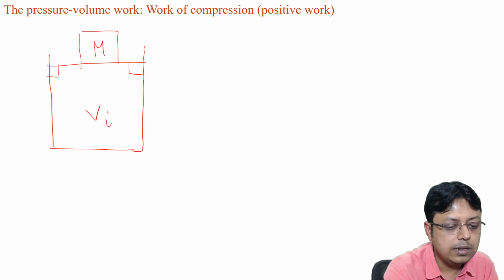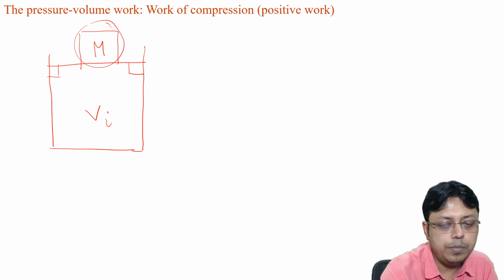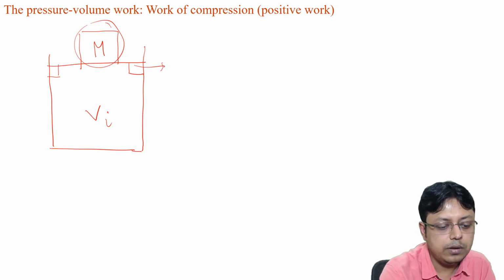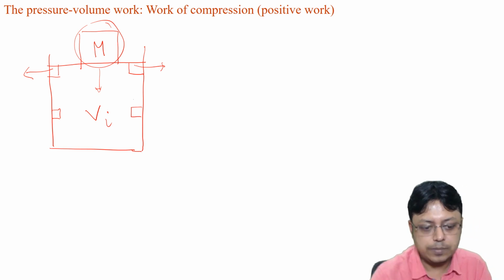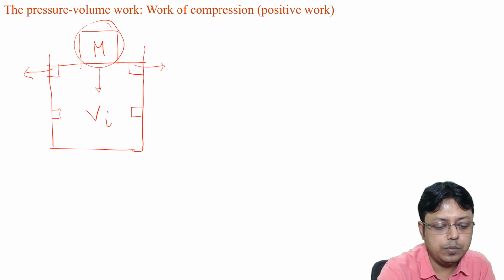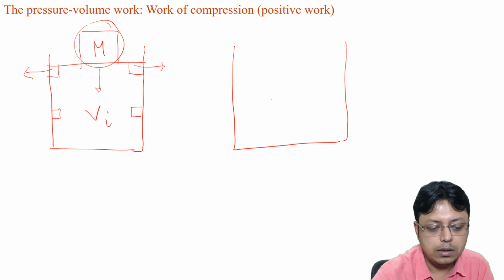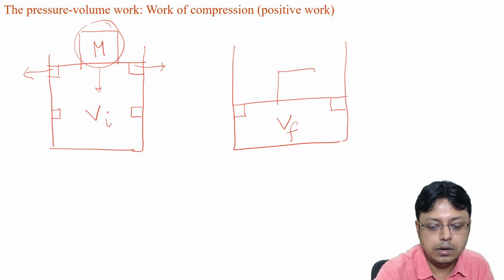Of course, this mass is creating more pressure. That's why if we remove the pins, the mass will fall. And let us put two more pins so that the piston will fall up to a certain height. If we suddenly remove these two pins, the mass will fall up to here, shrinking the gas, so the volume of the gas will be reduced.